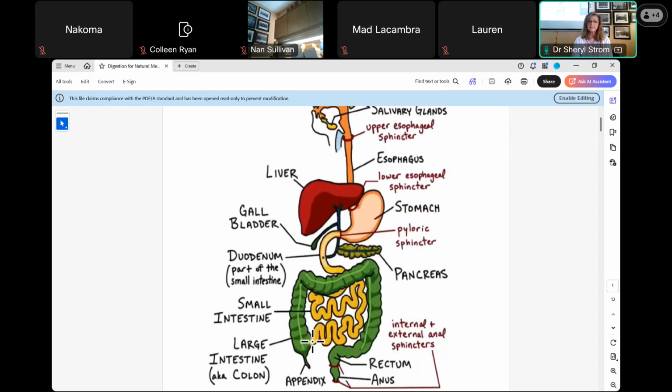It's going to pass this cecum right in here between the ascending colon and the appendix. And then so we ascend the colon and transverse colon, and then it comes through the descending colon and then out the rectum.